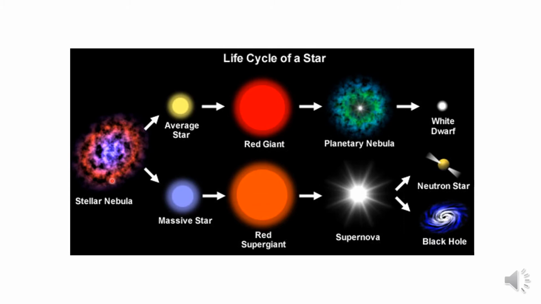So once that protostar starts to take the hydrogen and stick it together to make helium, that's when we say it becomes a star. A star which is taking hydrogen and sticking it together to make helium, we call a main sequence star. And this is the stage the Sun is at the moment.